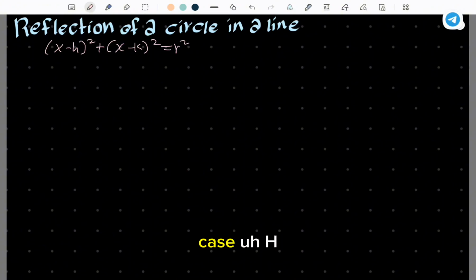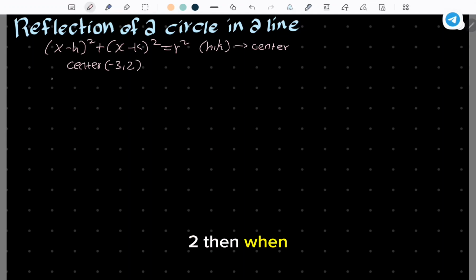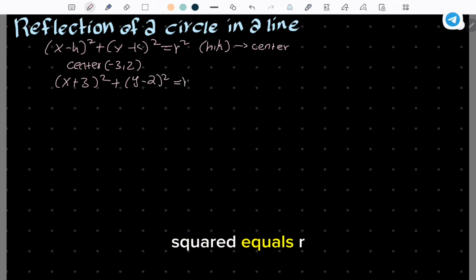In this case, h and k represent the coordinates of the center. So for example, if the center is minus 3, 2, then when it's plugged into this equation, we get (x plus 3) squared plus, this is y, guys, my bad, (y minus 2) squared equals r squared.